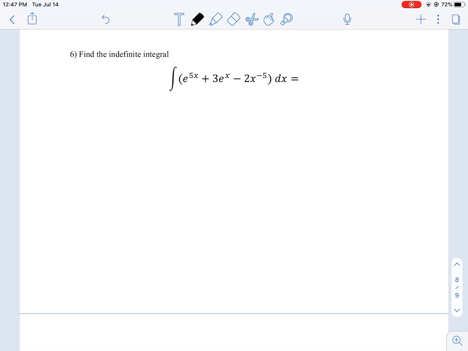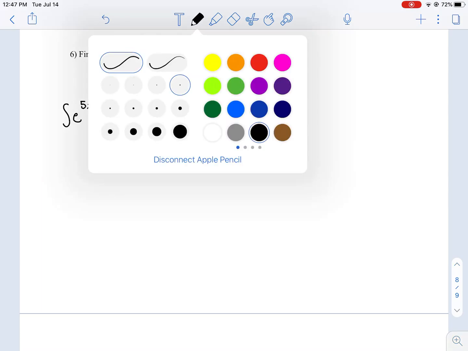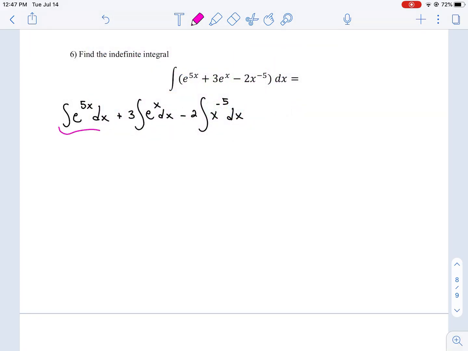So just like the previous problem, I'm going to separate this into three separate indefinite integrals, like such. Next, I'm going to identify the type of rule we are going to need. And it looks like the first two terms require the exponential rule.